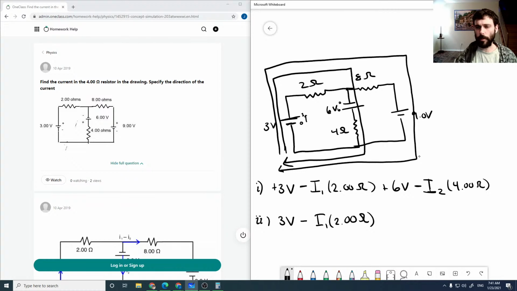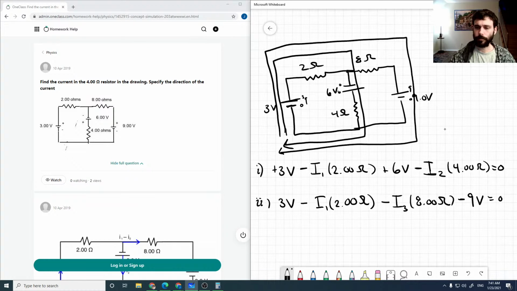And now we're dropping a third current across the 8 ohm resistor. And we're going from 9 to 0, so we're dropping 9 volts across that battery. And these should both equal 0, I should have said. And so then there's our 2 loops.